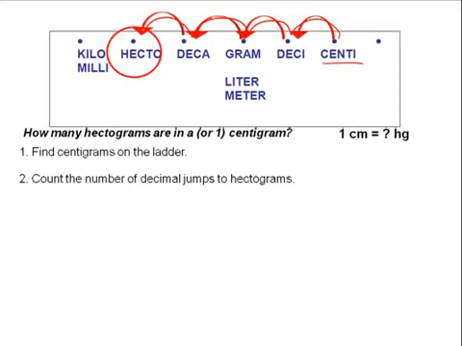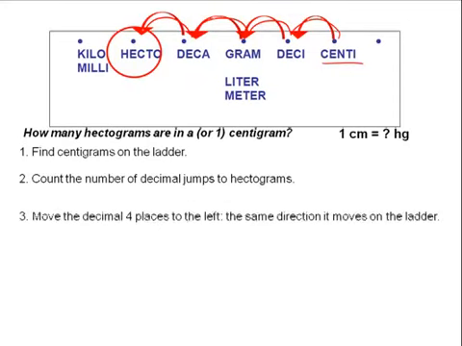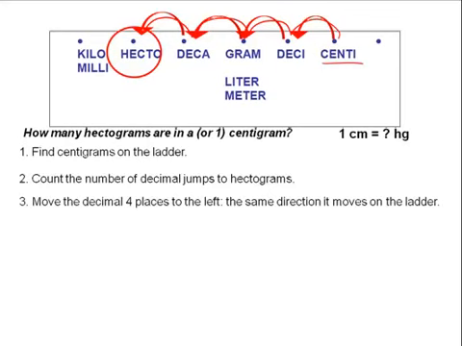So therefore, I move the decimal place 4 places to the left. Or in other words, you move it in the same direction as the ladder. So this decimal place moves 4 places over. 1, 2, 3, 4. Put zeros and put the decimal point.